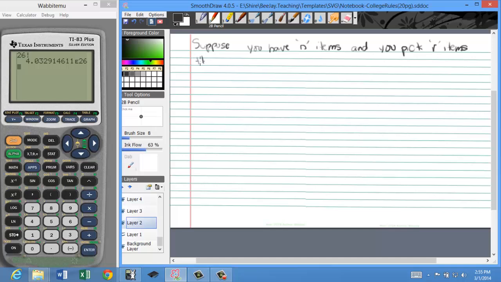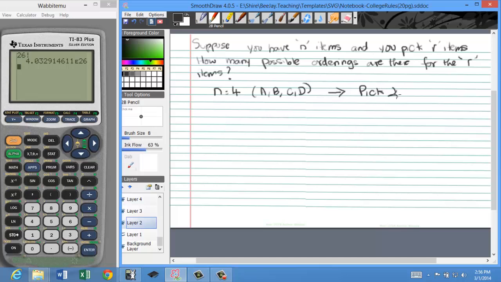So how many possible orderings are there for the r items? In other words, suppose I start with n equals 4. And let's say I have the items A, B, C, D, and I pick 2 out of these n items, so r is 2.